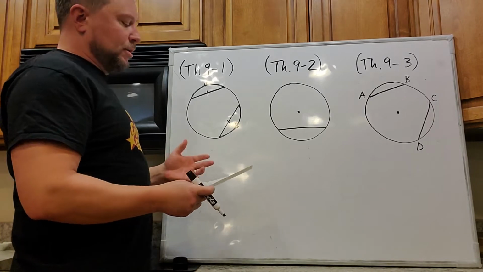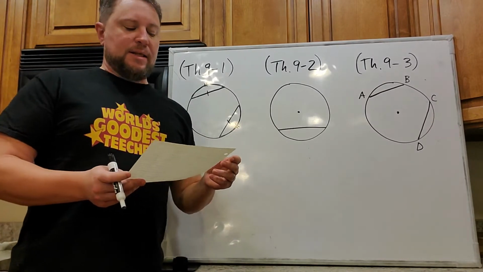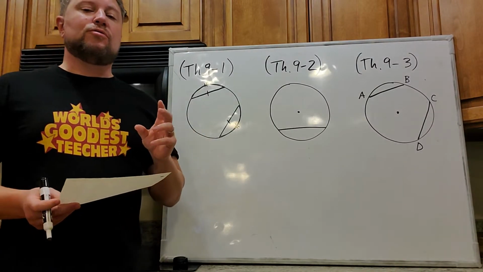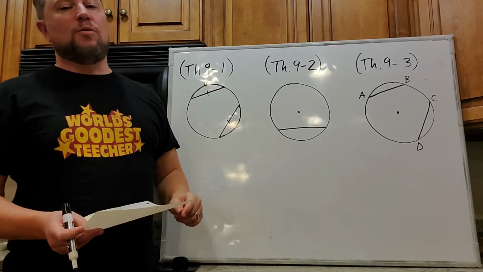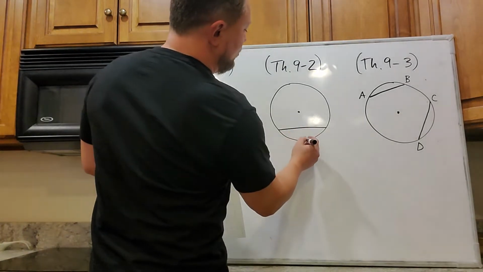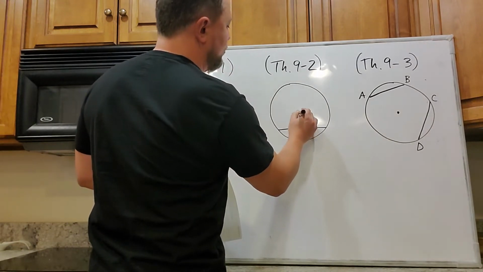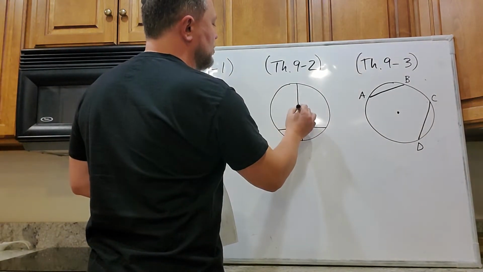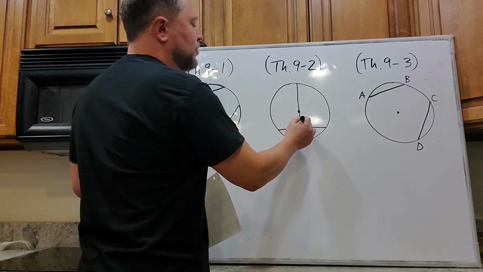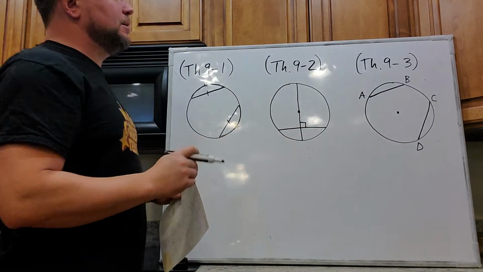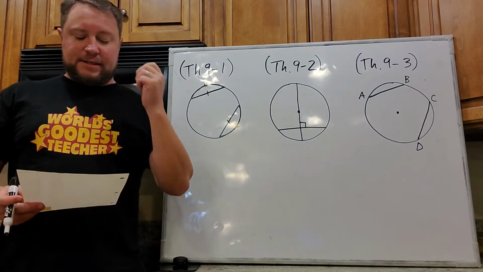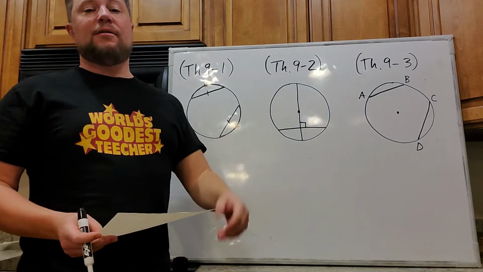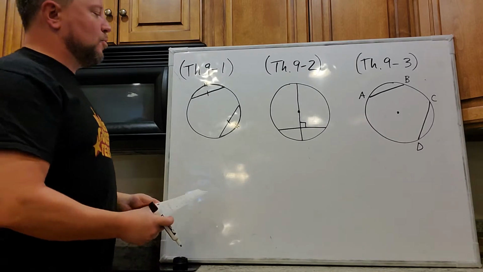According to Theorem 9-2, if you draw a diameter that's perpendicular to that chord, going through the center of the circle, then it's going to bisect the chord and the chord's arc as well.